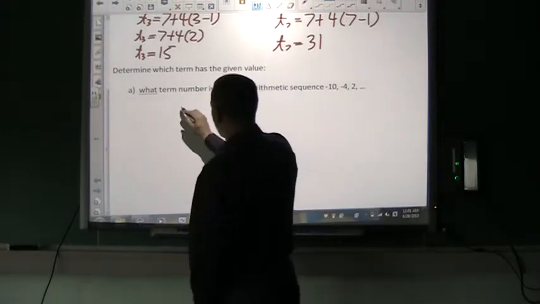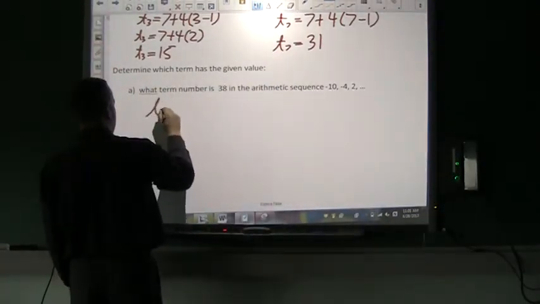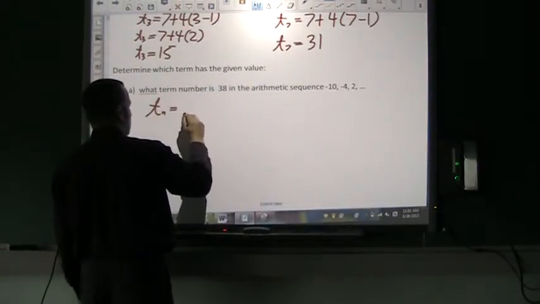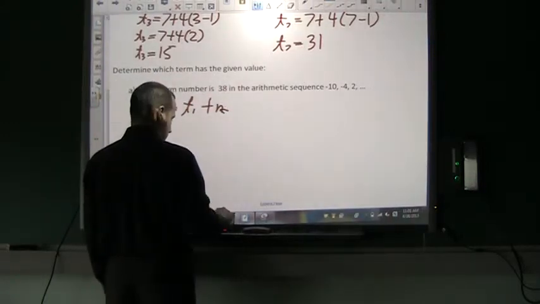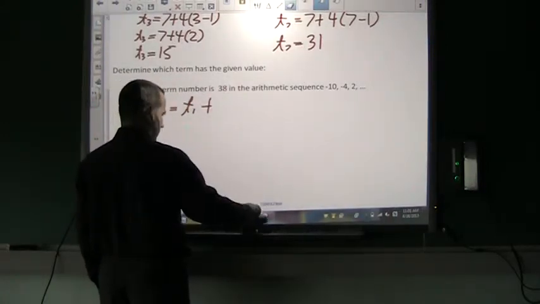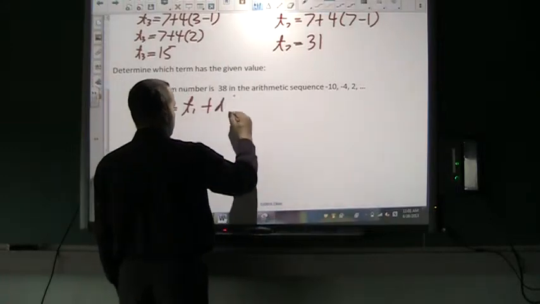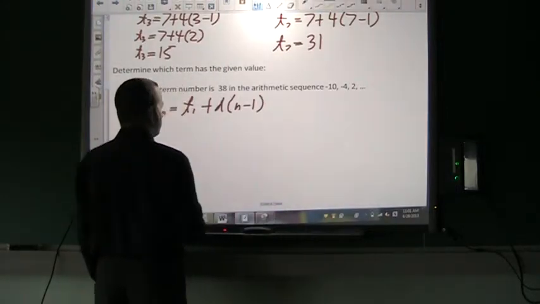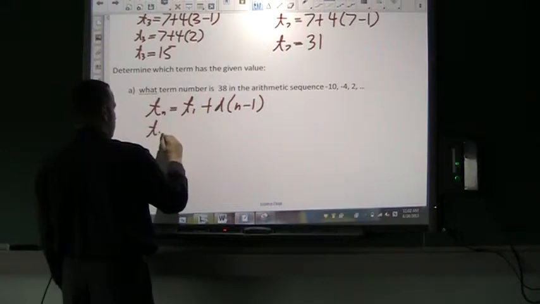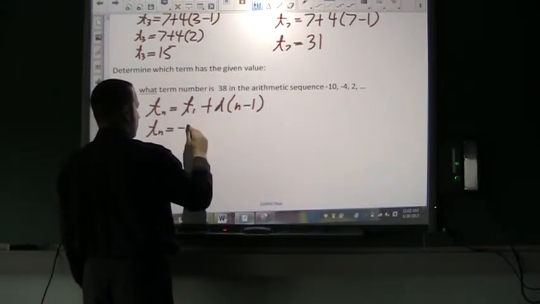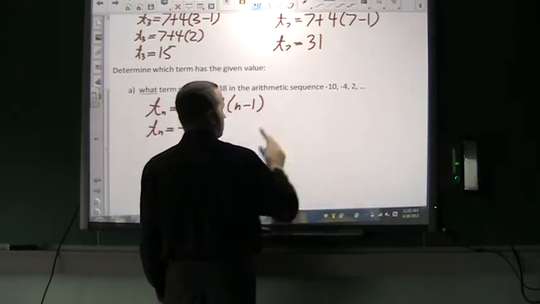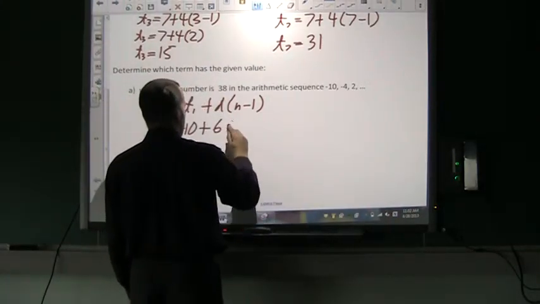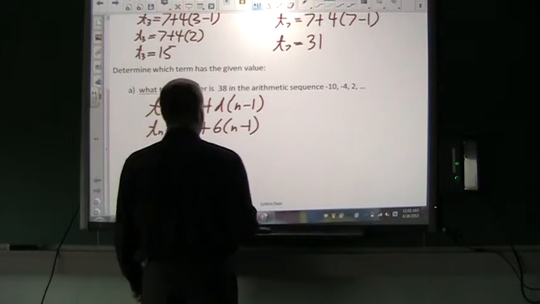So we start out with our general formula, Tn equals T1 plus d onto n minus 1. So my Tn is equal to my first term, negative 10, plus my common difference, the difference between each successive term, which is 6, and n minus 1.